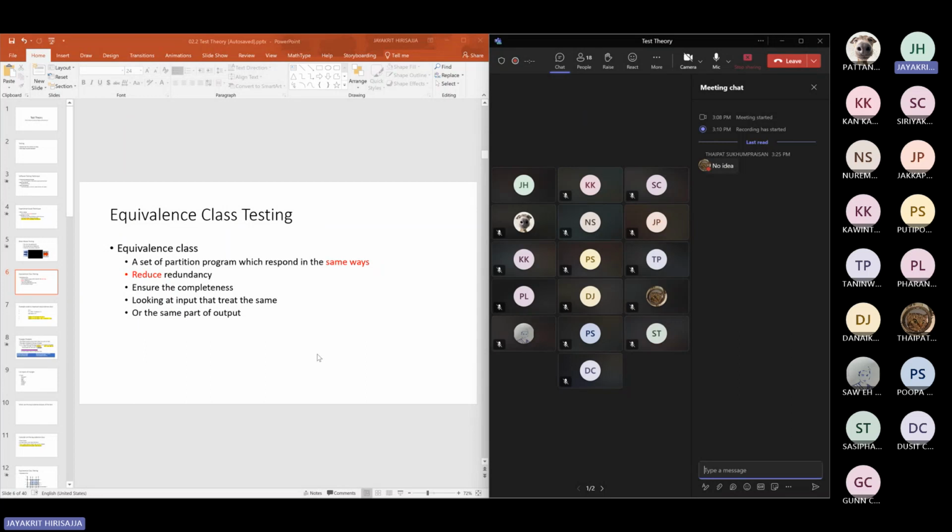It's one class, one type of input that we need to test. And then if we input some kind of alphabet, we will get something else. And that is the second equivalent class. This is an example.